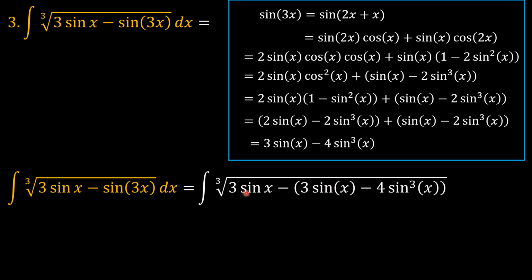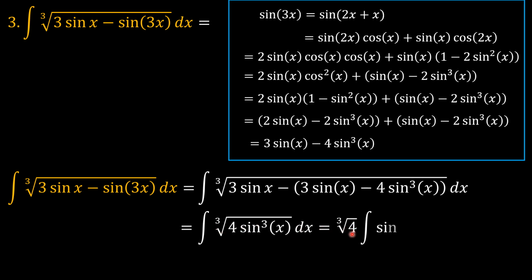The 3 sine x cancels, so we have the cube root of 4 sine cubed x. Pull the cube root of 4 out, times the integral of sine x. And so this just becomes negative cube root of 4 cosine x. And that's the answer that they were looking for.